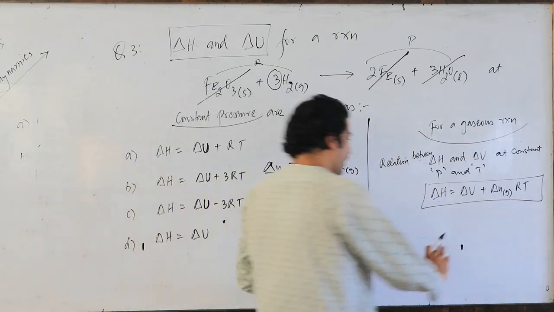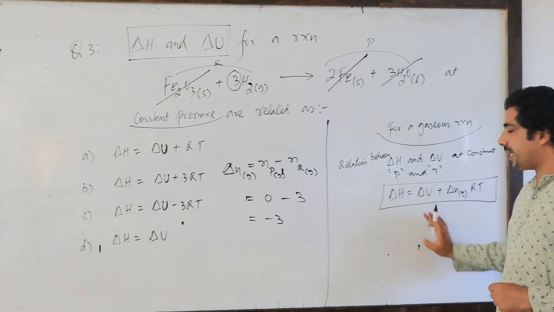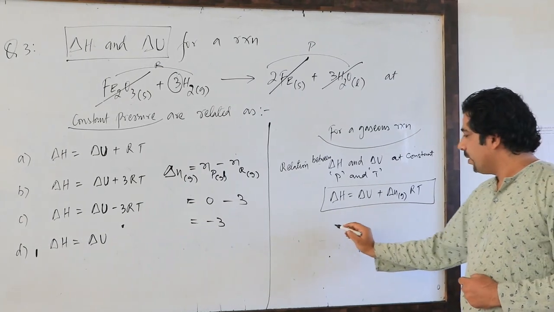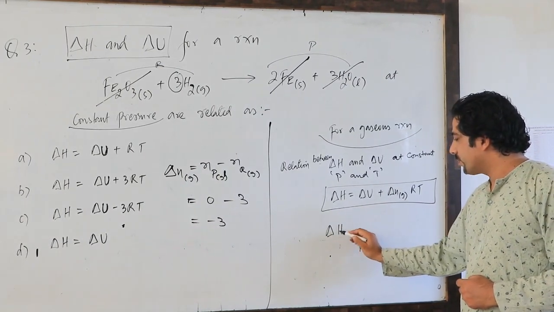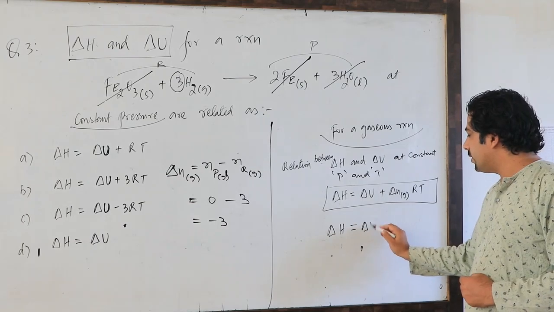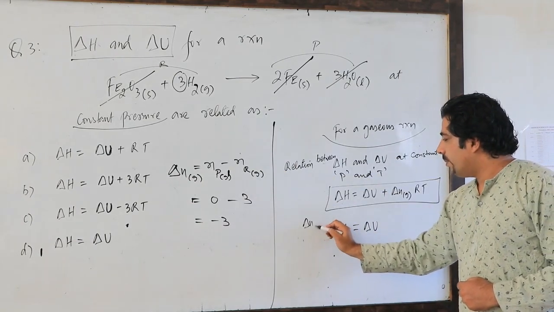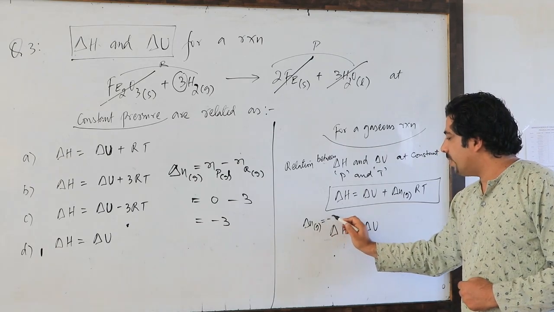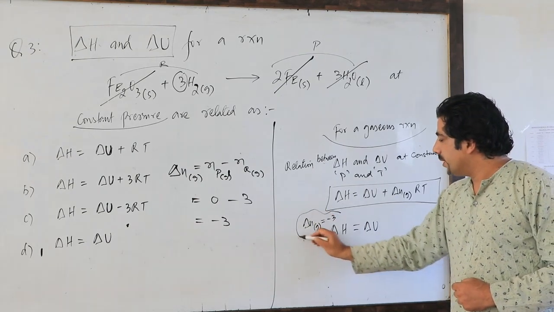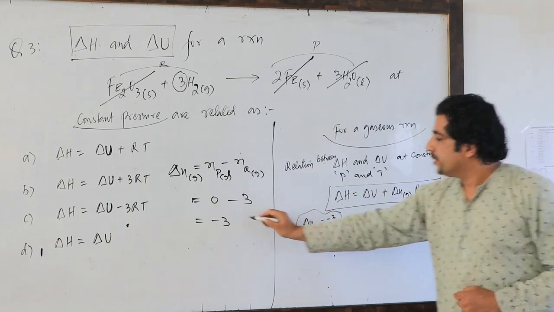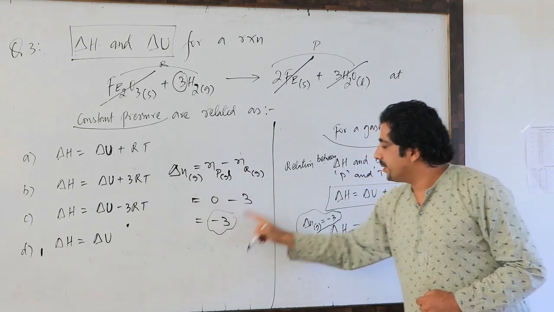Now I will come back to the expression which I derived earlier. Delta H is equal to delta U, and we know the value of delta N now. Delta N gaseous is minus 3.